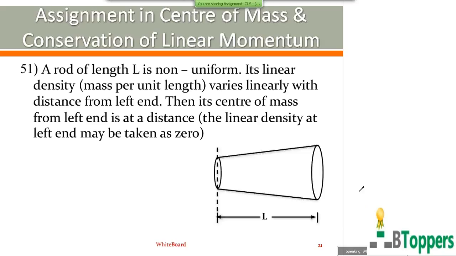So we can choose the origin at the center of the left end of the rod and the x-axis along the axis of the rod. By symmetry of the situation, the center of mass of the rod lies on the x-axis, that is, on the axis of symmetry of the rod.